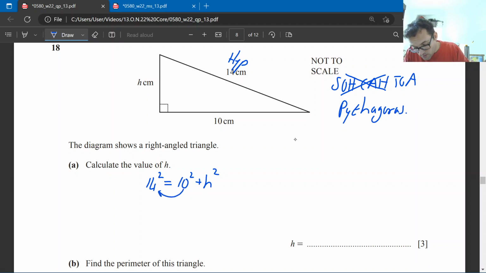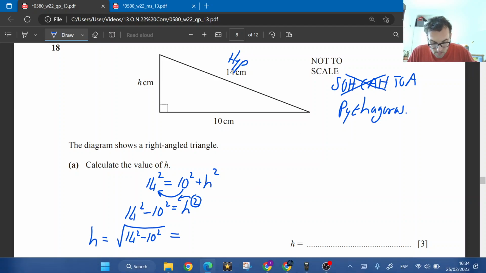Okay, we move the 10 there, so that means it's 14 squared minus 10 squared equals 8 squared. And then we also want to get rid of that square. So putting that square on the other side will give us a square root. So it's the square root of 14 squared minus 10 squared. That will give us h.